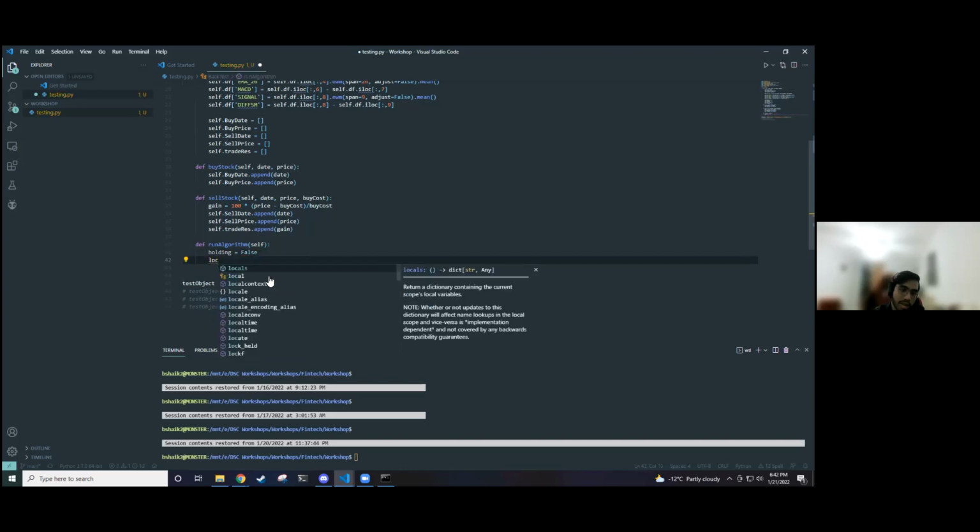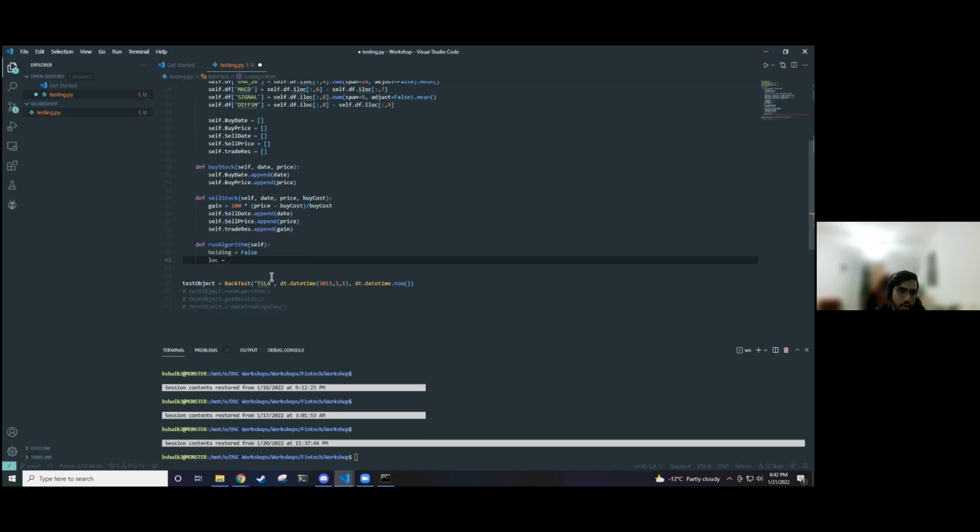The holding is essentially telling you if you're holding stock at the moment or not. So it being equal to false shows that initially you're not holding anything, you still have to buy something. Location is your numerical index, just because the data frame only has indices in the form of dates.